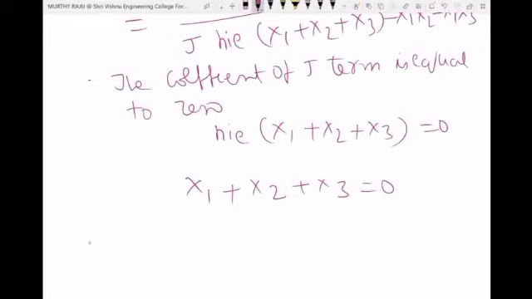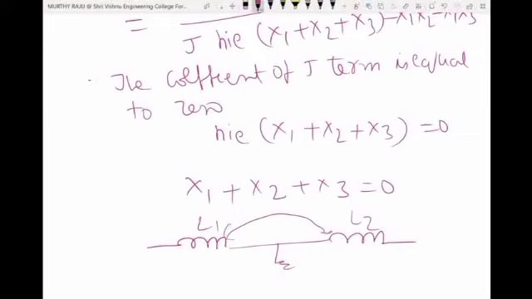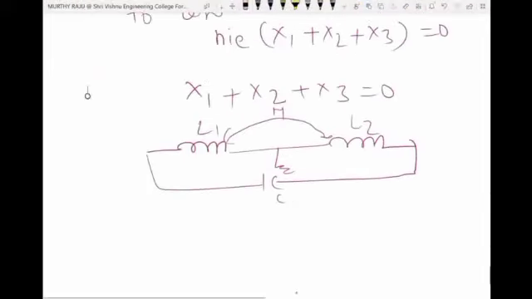X1 and x2 are inductors. Here Z1, Z2 are inductors. This is L1, this is L2. Mutual inductance between these two is M, and the capacitor is C, that is Z3.